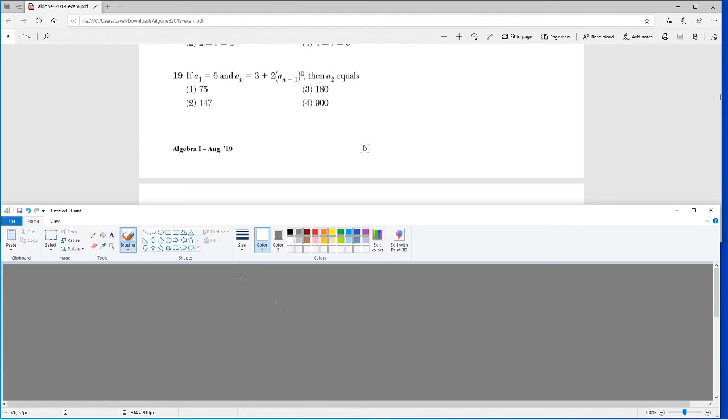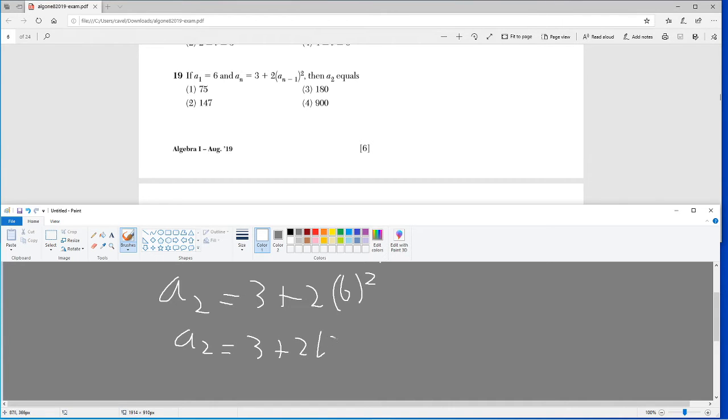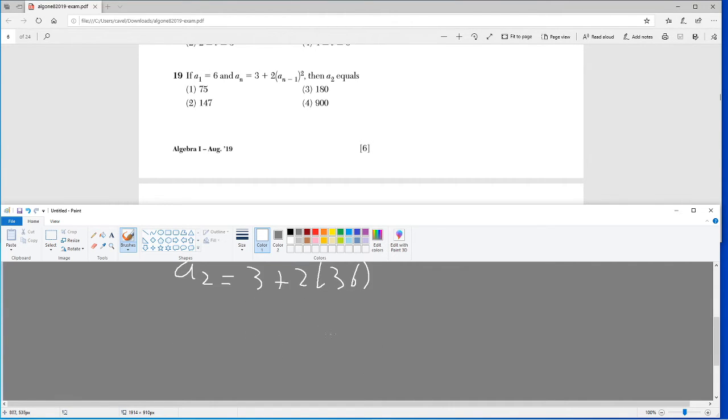Then a2 is equal to 3 plus 2 times a1 squared. a1 is 6, and 6 squared is 36.